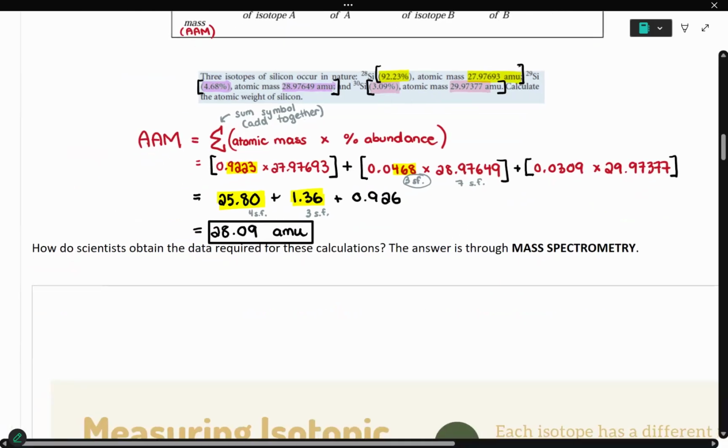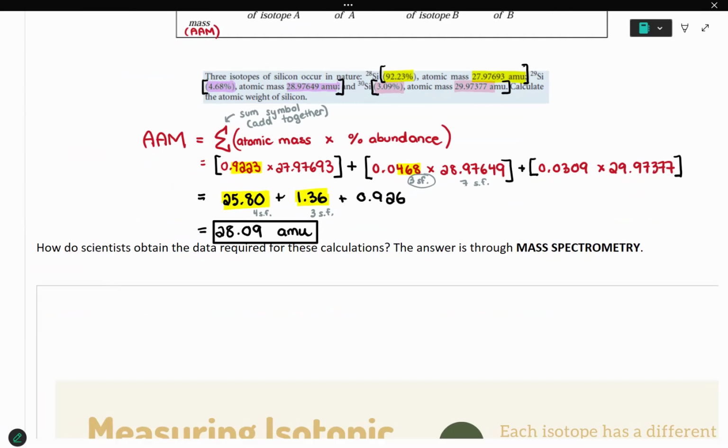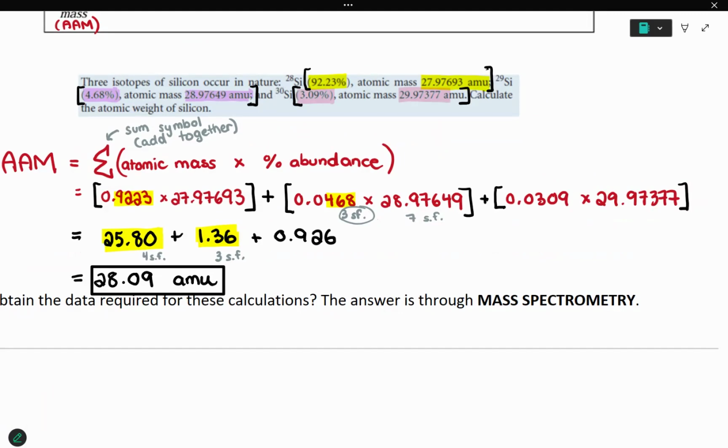Okay, so thank you. In order to actually get the information required to run this calculation, because at the end of the day, how do scientists actually find out what the percent abundance of an element is? Or how do they find out what the mass is of a particular isotope?